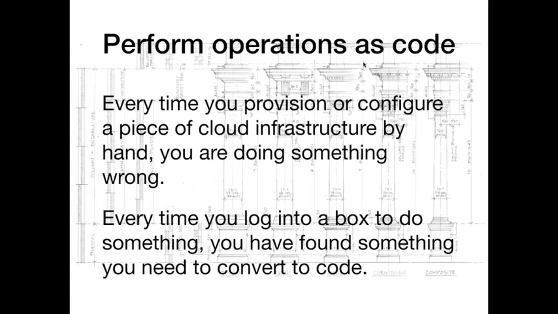Do all this stuff, write it as scripts, treat it as code, check it into version control. If you're using a Git workflow, do pull requests against master. Do code reviews on this stuff, because this stuff needs to be reproducible all the time.